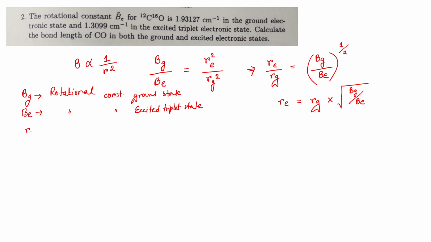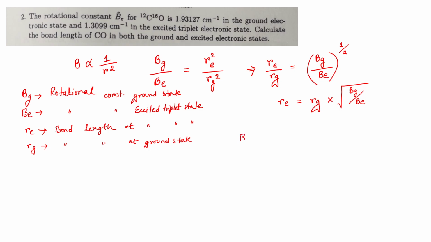What is Re? Re is bond length at excited triplet state. Rg is bond length at ground state.